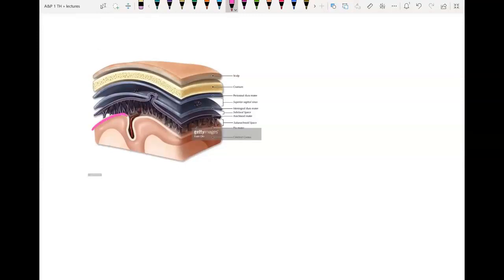So we're going to outline it and then we'll talk about it. To give you a little context, this is the brain and here is the cranial bone. Actually, this is the bone and this is the skin. So the meninges is what's in between the brain and the cranial bone.